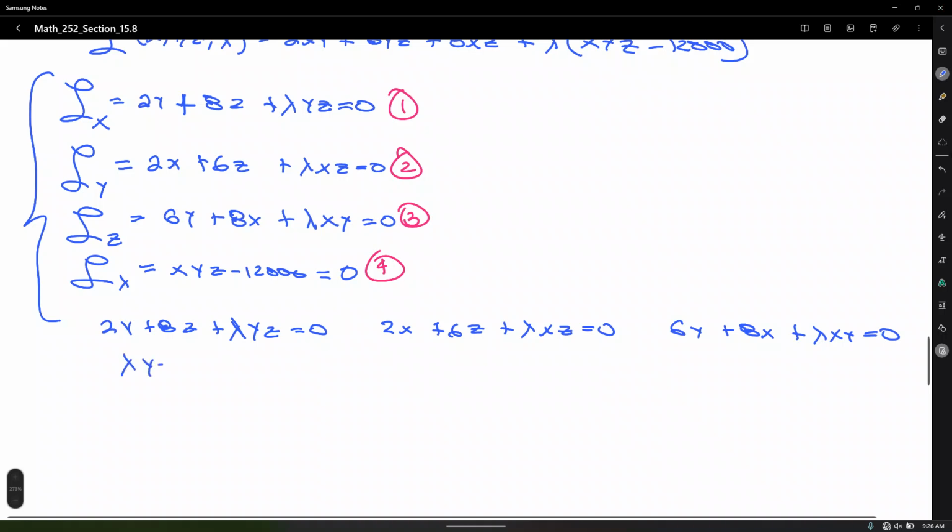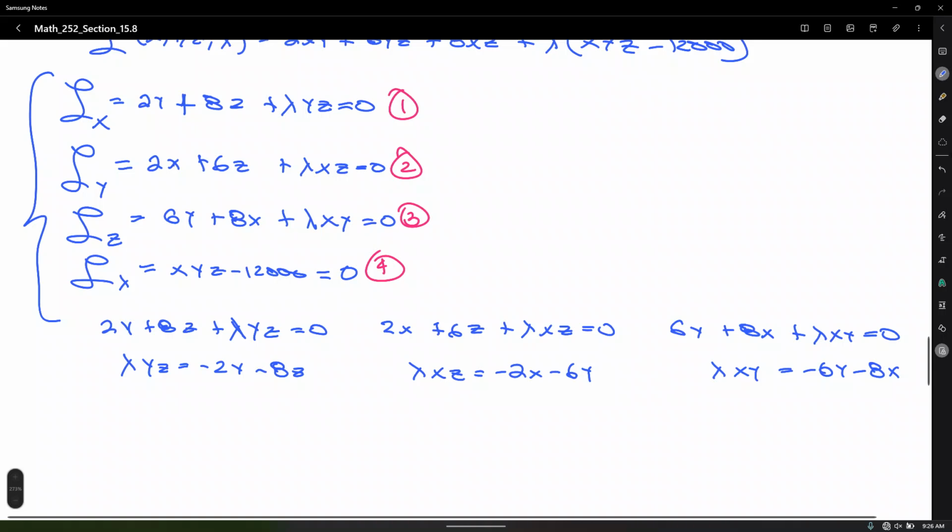Lambda yz equals negative 2y minus 8z. Then lambda xz equals negative 2x minus 6y. And finally, lambda xy equals negative 6y minus 8x.